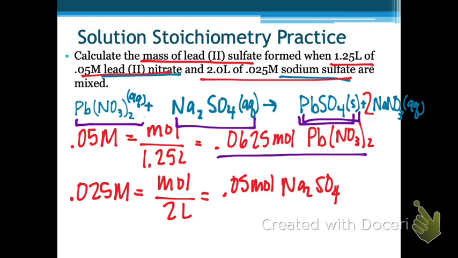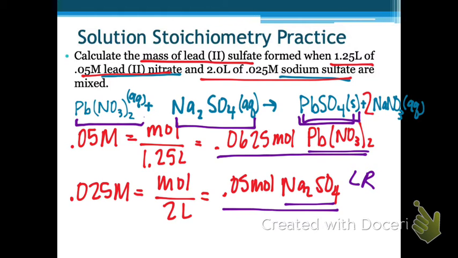And the same thing is true here: if I put in 0.05 moles of sodium sulfate, I would get out 0.05 moles of lead sulfate. So which of these is my limiting reactant, lead nitrate or sodium sulfate? This has to be my limiting reactant. If you were still unsure of that, you would just do the stoichiometry steps to go from moles of one to moles of my product.